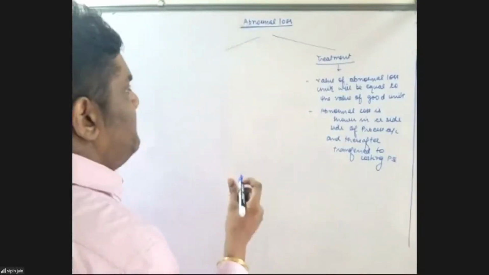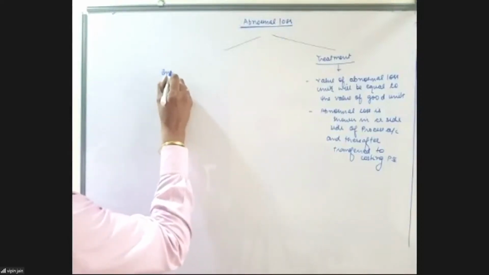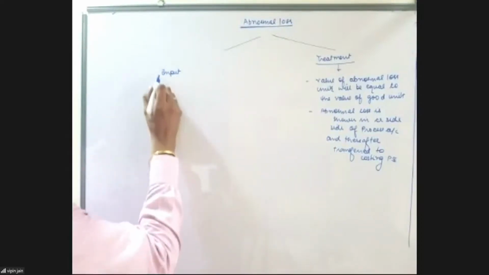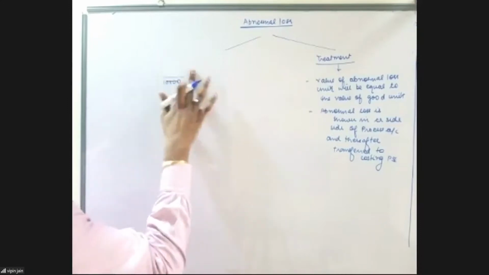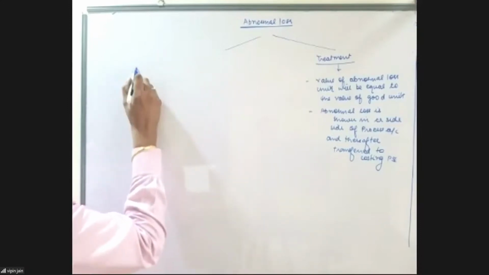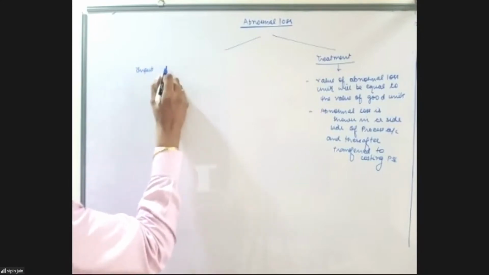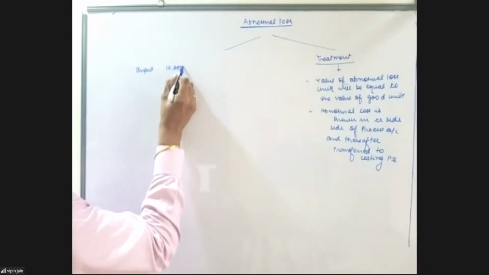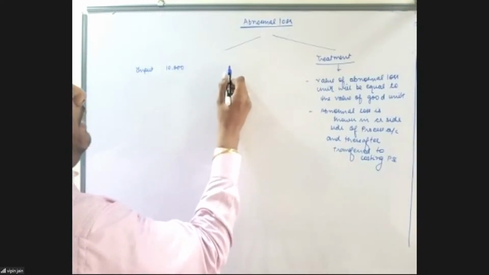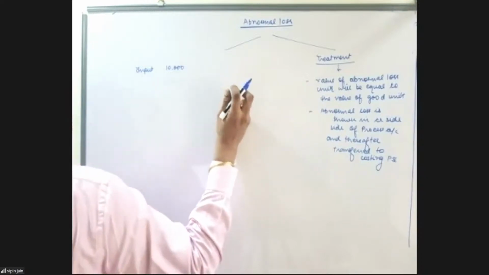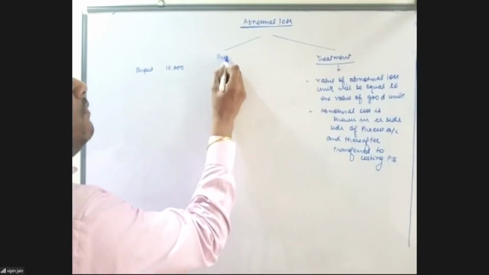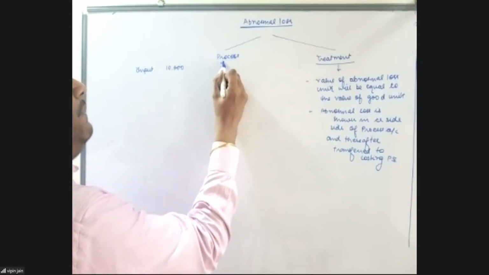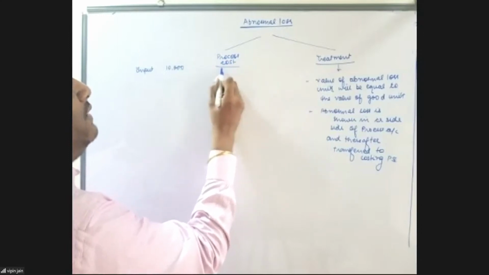Now let's say I made an input of 10,000 units, and my process cost is 1,80,000.